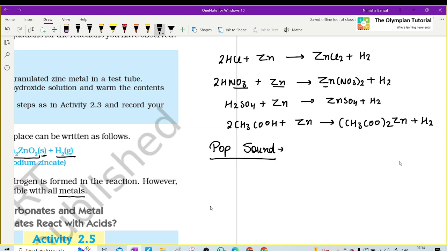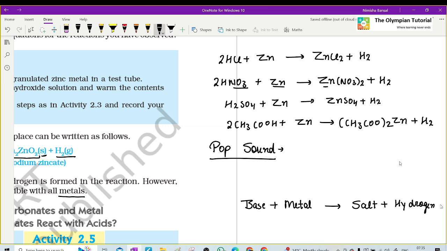After that, we will write: when base reacts with metal, it will give salt plus hydrogen gas. Not all metals react with bases, but all metals react with acids.